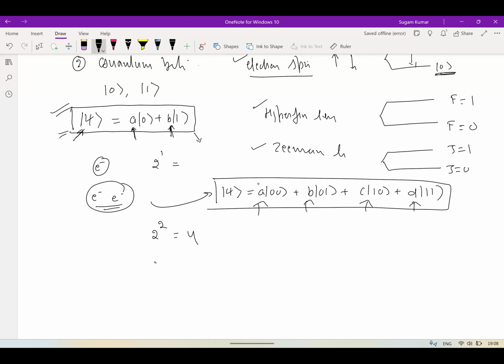Similarly, if you have 3 qubits, 3 electrons, then you need to define 8 complex numbers. So you can see the amount of information that this wave function is carrying is enormous, going exponentially higher. Whereas in the classical system, if you have one transistor, it is going to have only 1 bit of information.